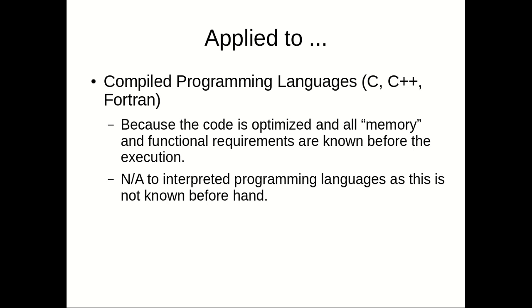So as a consequence, you have the entire plan ready and you can optimize it at the required places. But in an interpreted programming language, since the commands are executed one after the other, there's no foresight on what the memory requirements or the functional requirements will be in the future. Hence, this technology is not that easily applicable to interpreted programming languages.